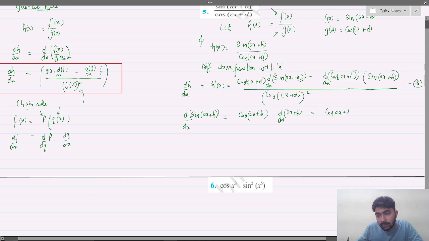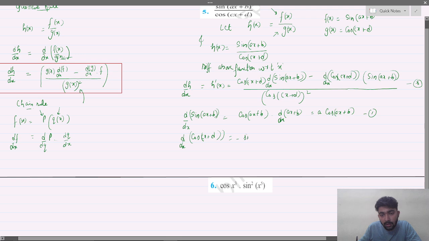Okay, and if we differentiate, yesterday I gave you all how we can differentiate a polynomial. So it is ax plus b, what will come? A only. The derivative of x is 1 and derivative of a constant is 0. So a cos of ax plus b, this is your first one. Okay, now d by dx of cos of cx plus d, how can we find it?